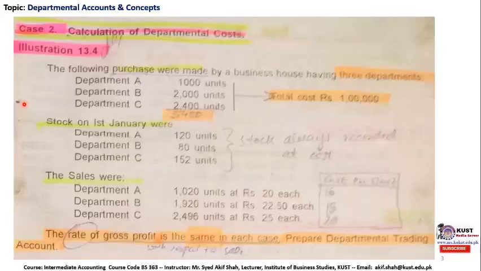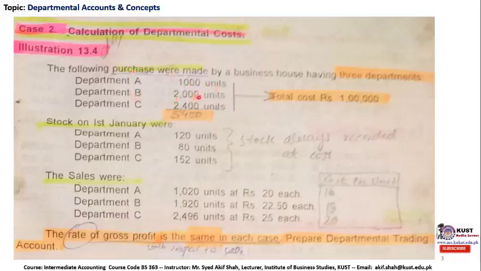Let us take the case 2, calculation of departmental cost, illustration 13.4 as an example from the recommended book. The following purchases were made by the business house having 3 departments. So the primary data is that the company has basically 3 departments: Department A, Department B, and Department C. Department A has made 1000 units of purchases.